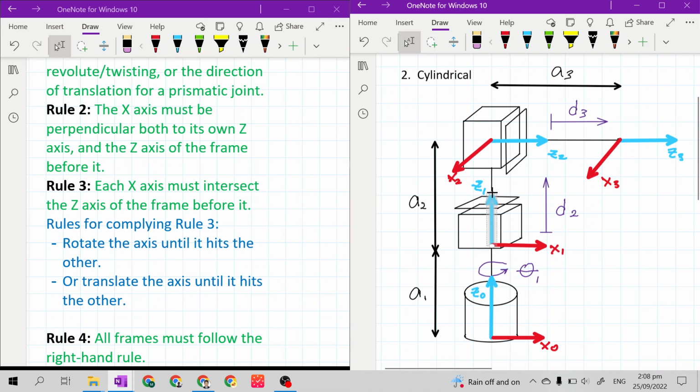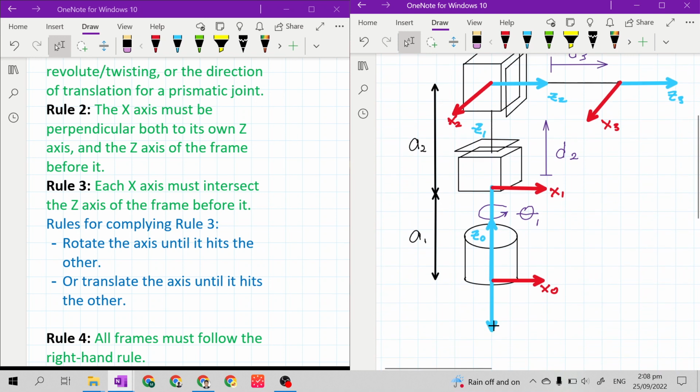Don't extend z sub 1 downward to intersect with x sub 0. That's not what rule number 3 means. What rule number 3 means is that the current x-axis must intersect with the last z-axis. Okay? So this is what you will do.